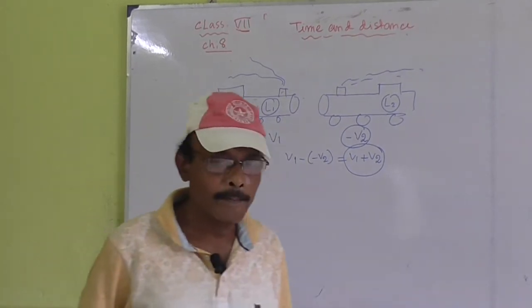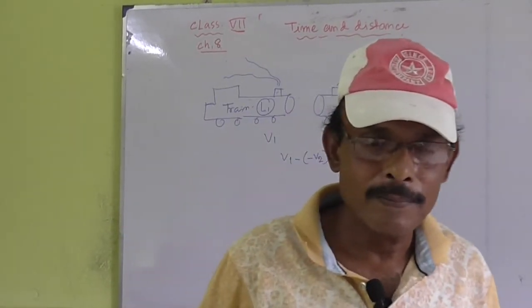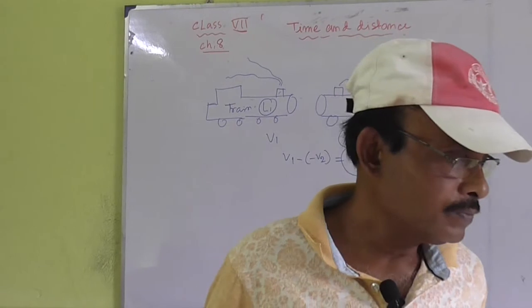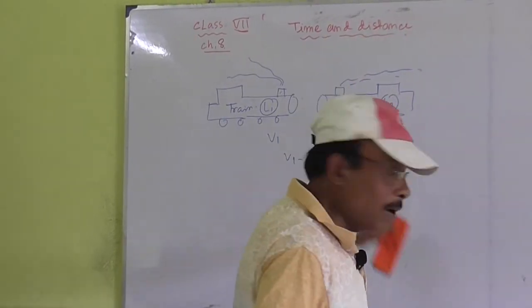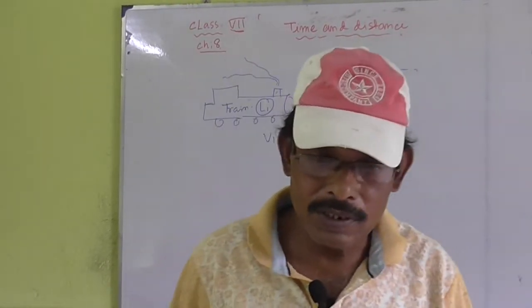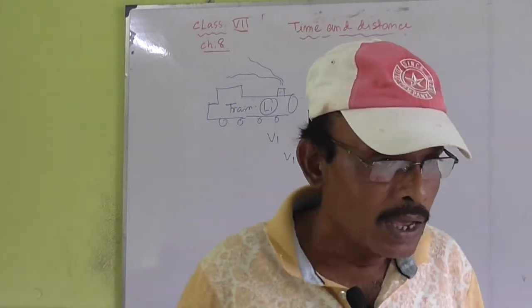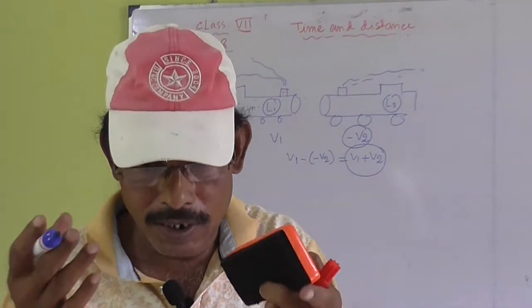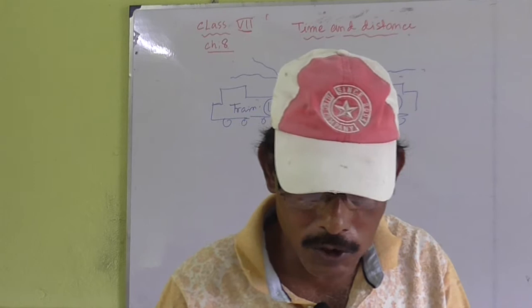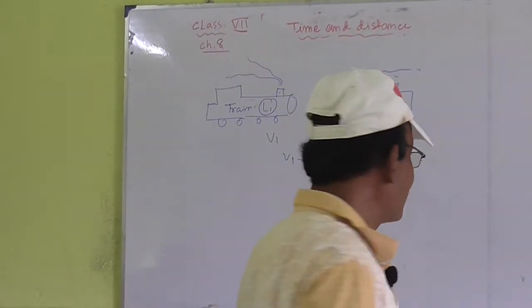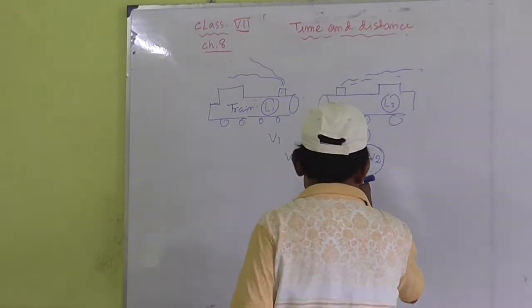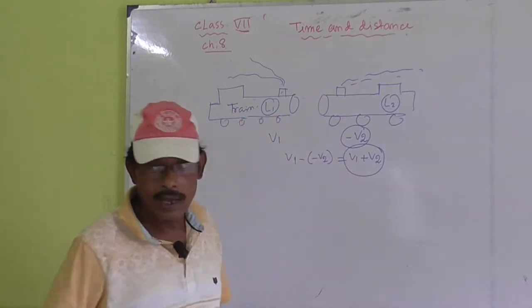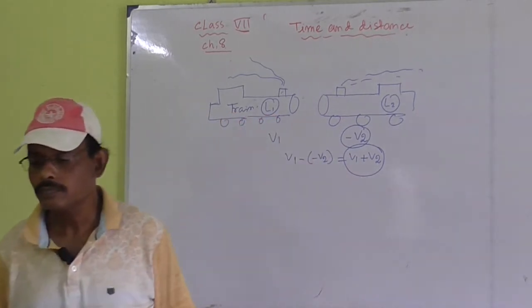Here, minus indicates the opposite direction. So, the relative velocity is that. What is the relative velocity? One with respect to the other. That is the relative velocity, which will be V1 plus V2.